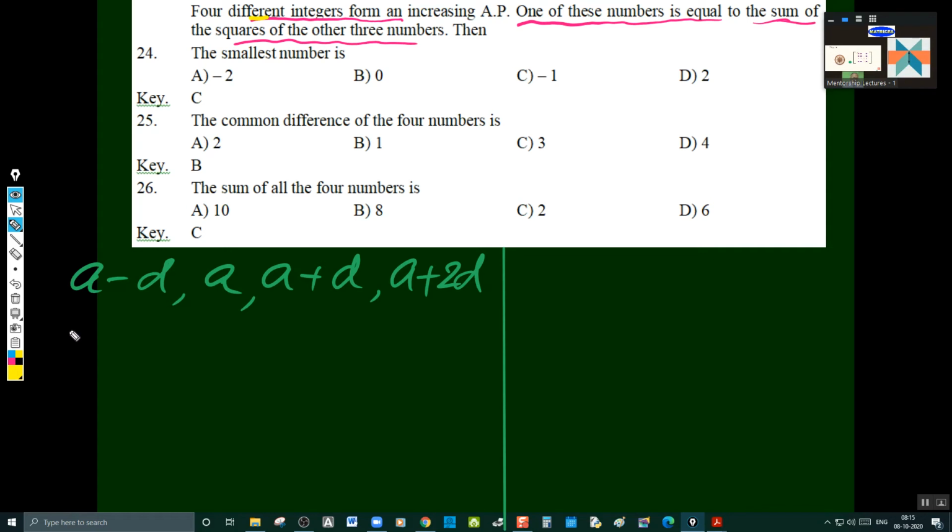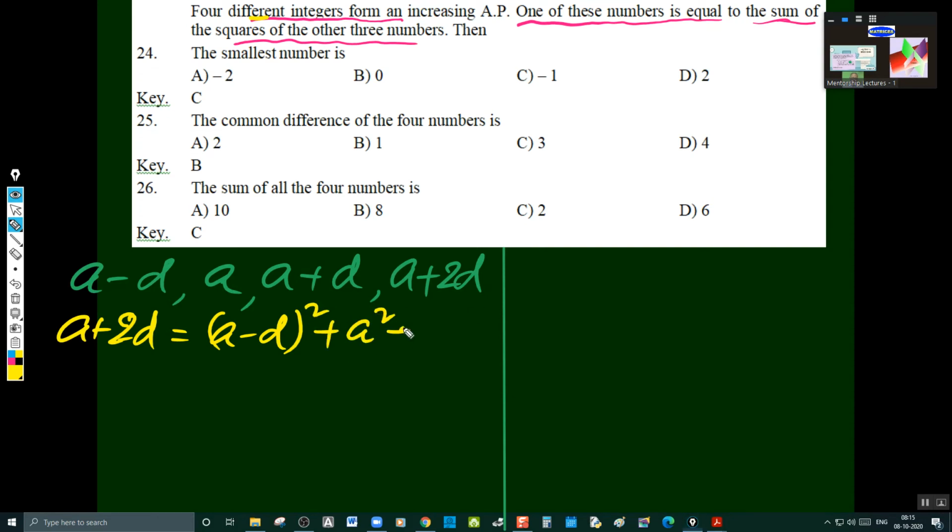A plus 2d must be equal to the sum of the squares of the remaining. That is a minus d whole square plus a square plus a plus d whole square. Just check it out, please.